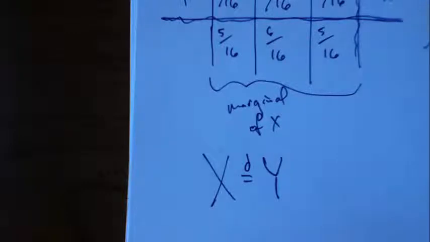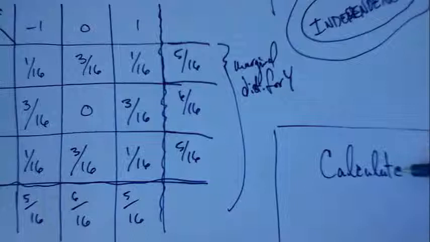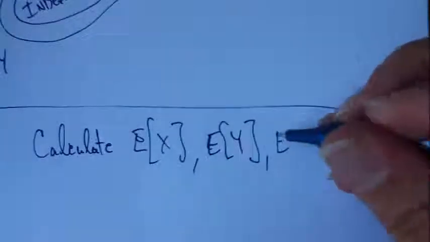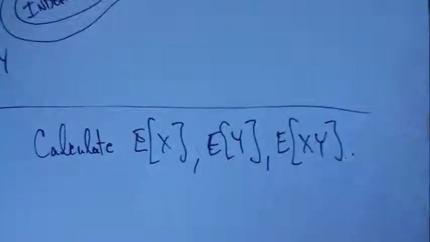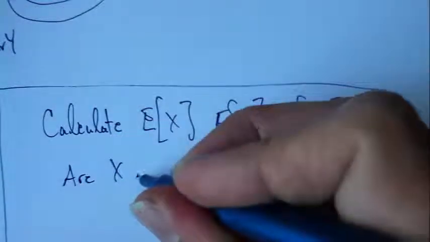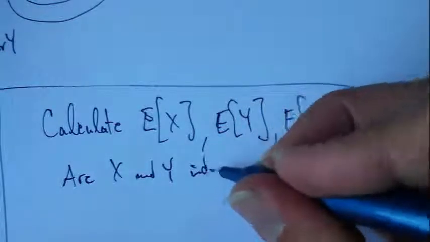Now, here's something for you to work out. I'll leave this as a little exercise for you. One: calculate the expected value of X, the expected value of Y, and the expected value of X times Y. Then, are X and Y independent?